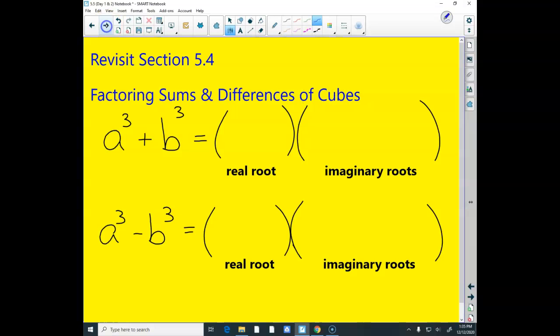Well, if you're wondering, oh boy, I didn't remember that. When you factor your sums and differences of cubes, if I have a perfect cube plus a perfect cube, it's the cube root of each term, plus. And then what I always do is I take that first term times itself, and that's what goes there. My sign is opposite. Then I take the first term times the second term.